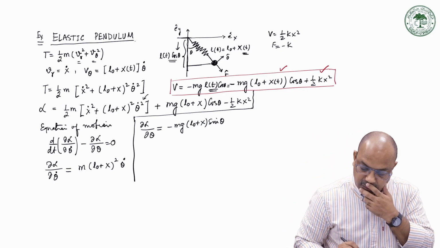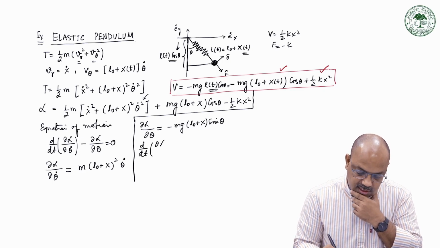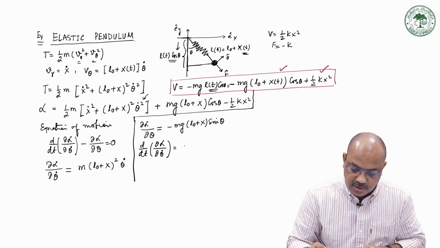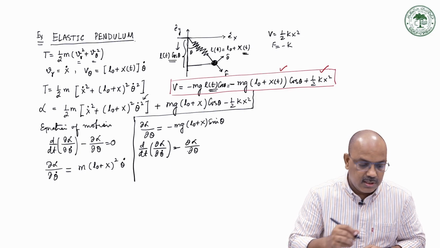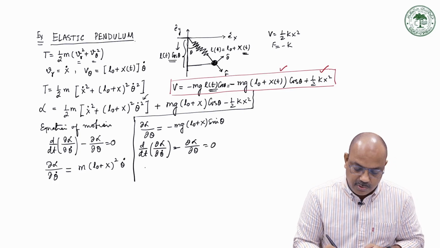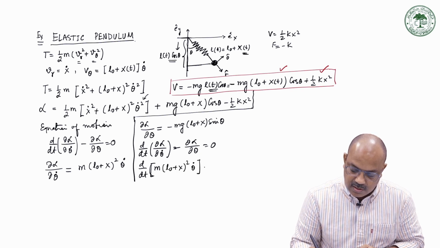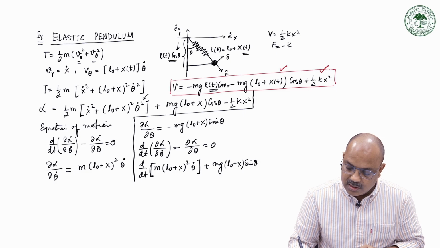Fine. So now I have d/dt of delta L by delta theta dot minus delta L by delta theta equal to 0. So d/dt of m (L0 plus x) square theta dot, and this minus becomes plus mg (L0 plus x) sin theta, equal to 0.